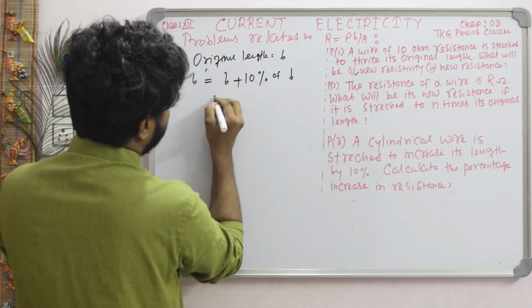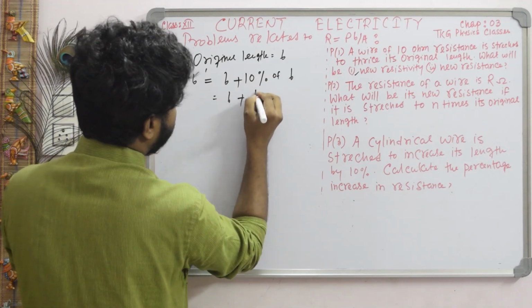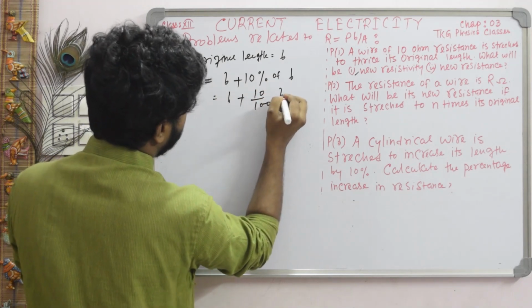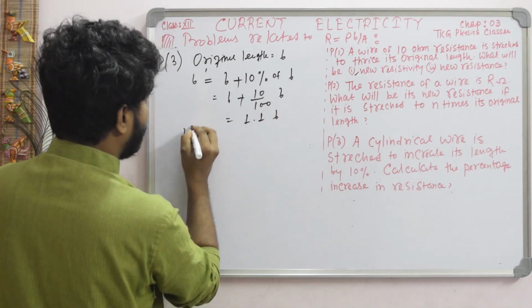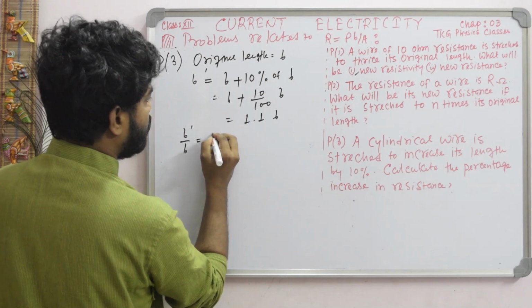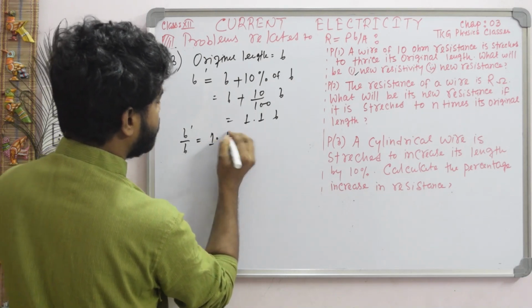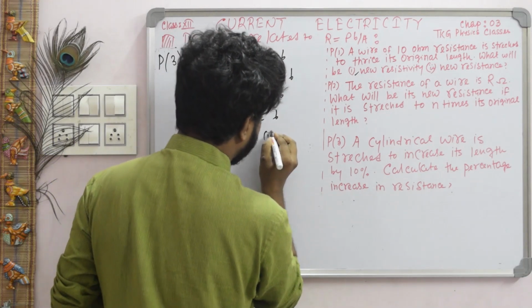So this becomes L plus 10 by 100 into L, which is 1.1 into L. So L dash by L is 1.1. Suppose this is equation 1.